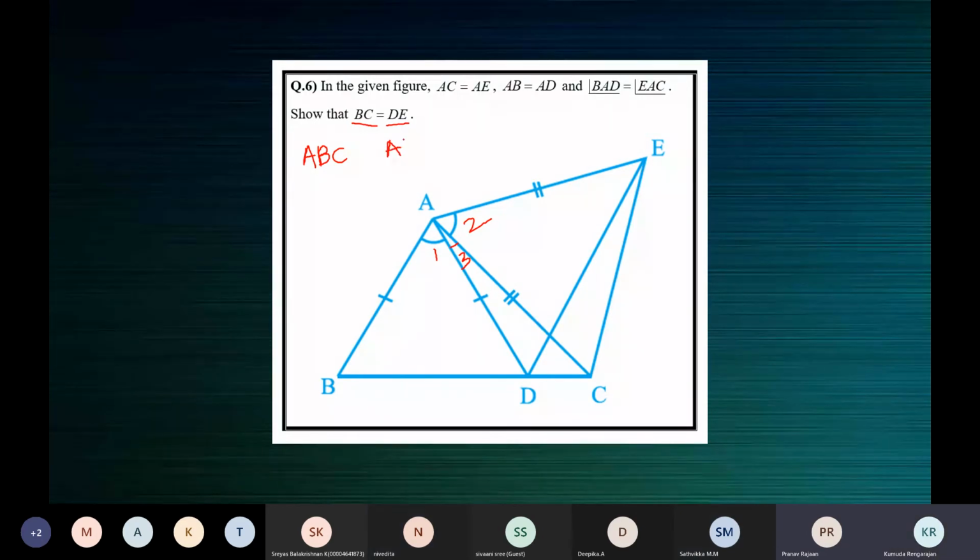So you have to prove that these two triangles are congruent to each other. You should choose the triangle which has a side BC. Choose another triangle which has a side DE. Show that these two triangles are congruent to each other. Then through CPCTC, it will follow that BC is equal to DE.